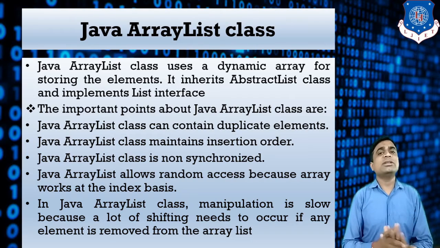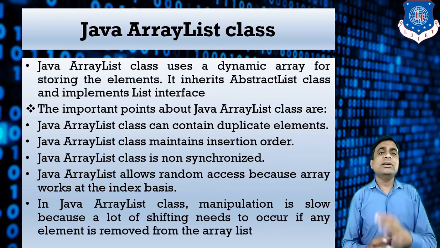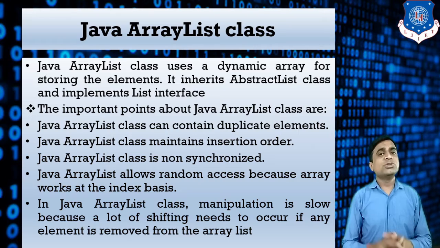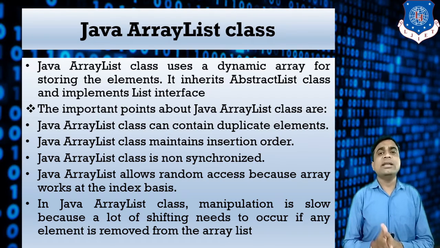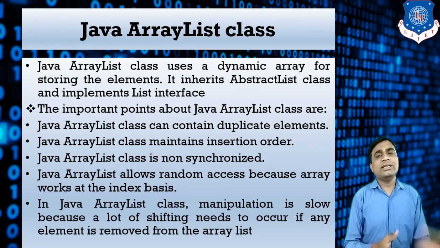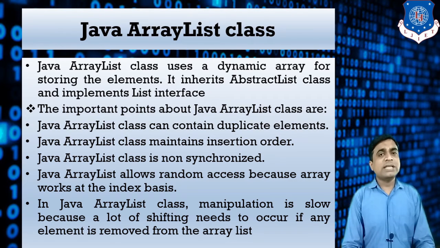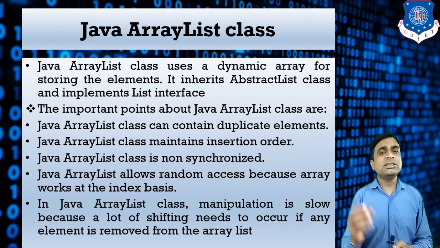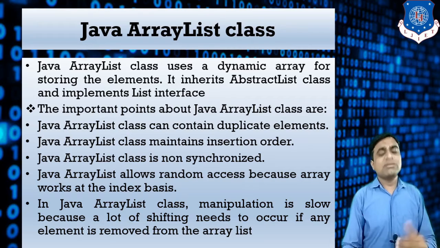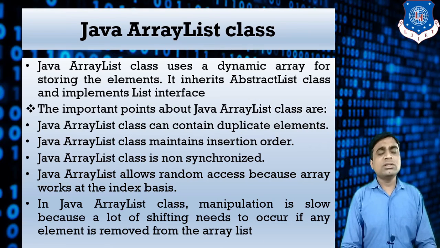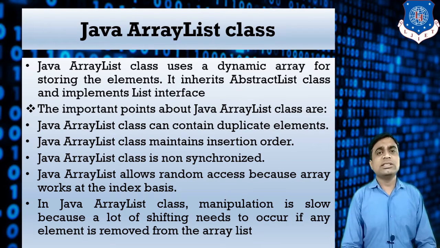Suppose you have 10 elements in the array and you delete the 6th element, so all the 7th, 8th, 9th and 10th elements we need to shift by one position. So that's why the manipulation is quite slow compared to other collections.